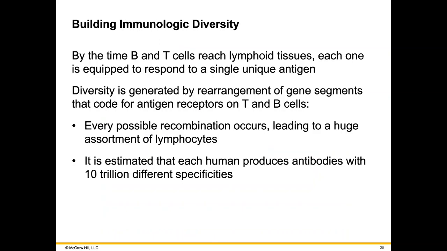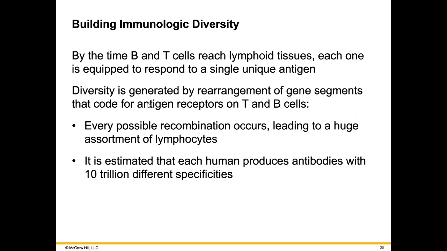So how do these cells build immunological diversity? What we mean by that is, how do they establish a way to determine self from non-self in so many different unique antigens? By the time B and T cells reach our lymphoid tissues, they are equipped to respond to a single unique antigen, every single one of them.